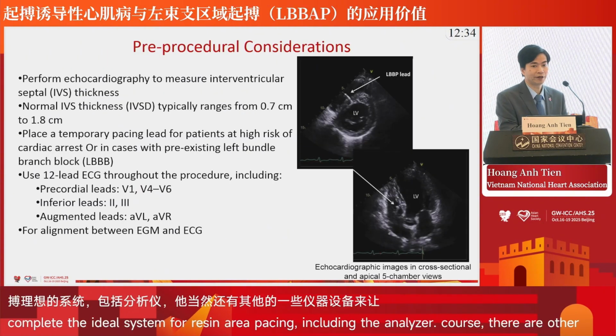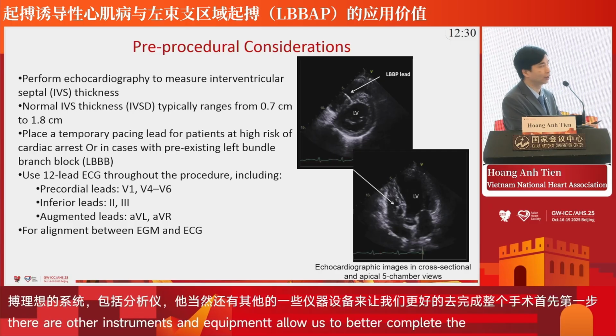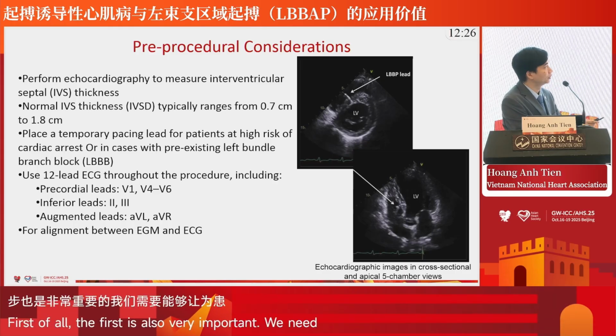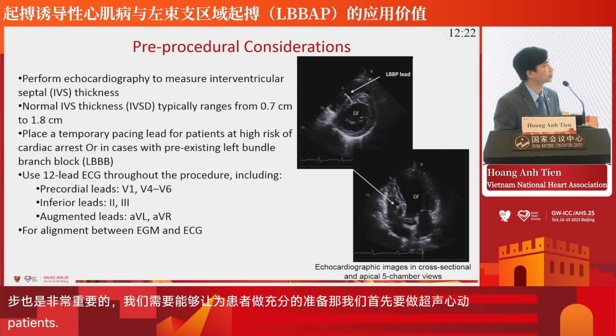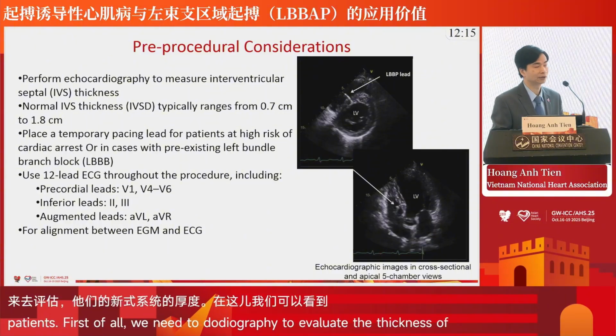The first step is very important: we have to have a good preparation of the patient. We do the echocardiography first to evaluate the thickness of the ventricular system. Here we can see the left bundle branch pacing site and also the depth of the left interventricular septum.